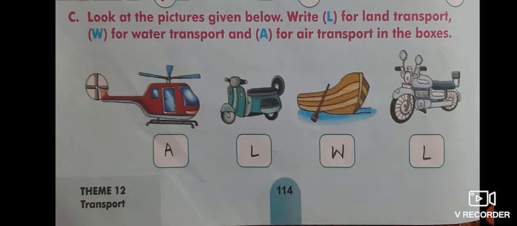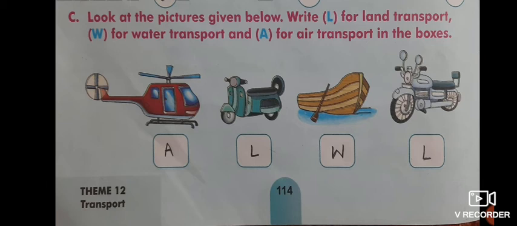Now C part. Look at the pictures given below. Write L for land transport, W for water transport, and A for air transport in the boxes. Now look at the picture.